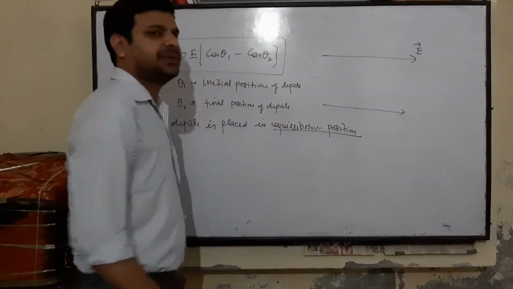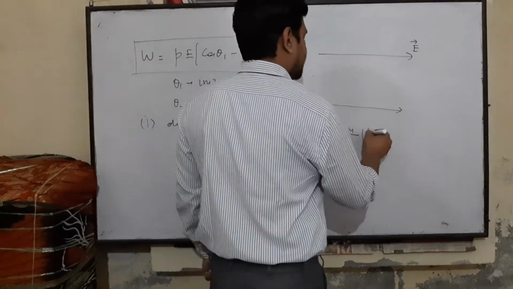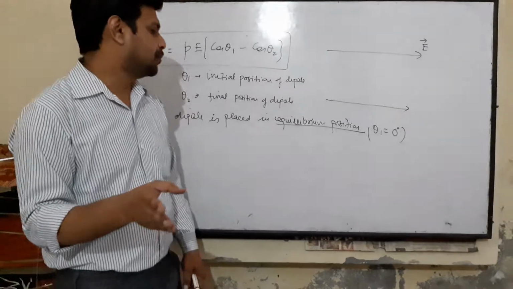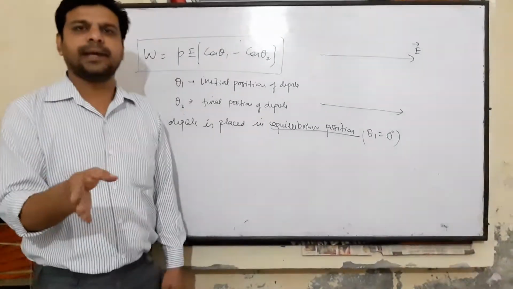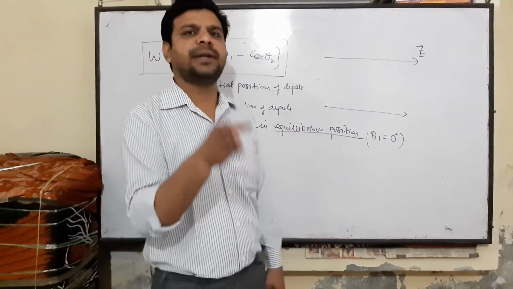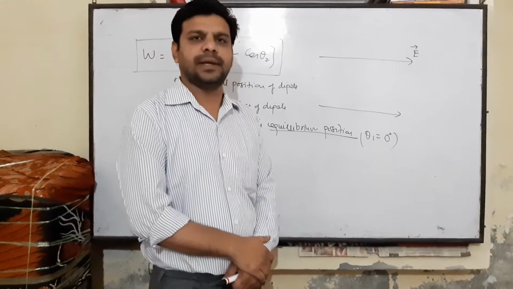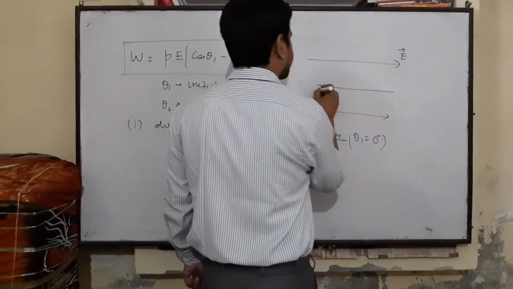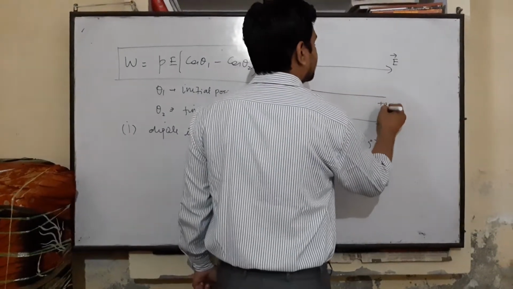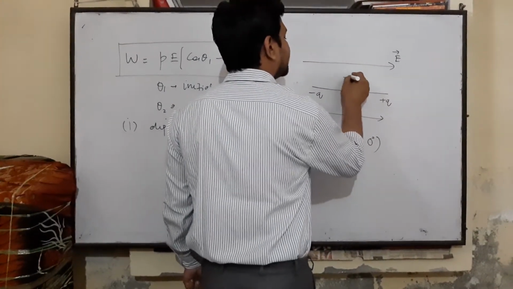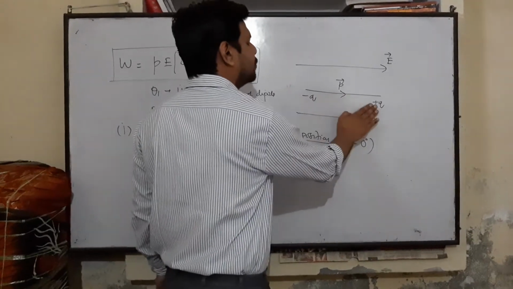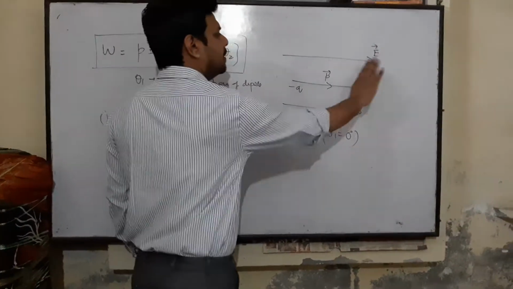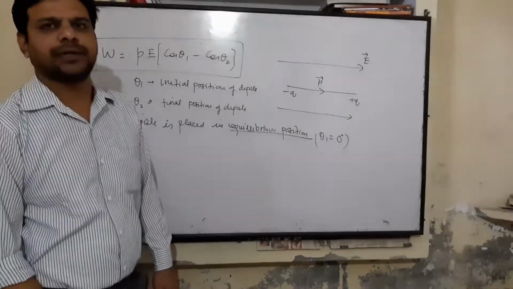Equilibrium position means theta 1 is equal to 0 degrees. It means the angle between electric dipole moment and electric field is 0 degrees. The dipole is placed like this, minus q, plus q, with dipole moment vector P directed from minus q to plus q in the direction of the electric field. P and E are in the same direction.